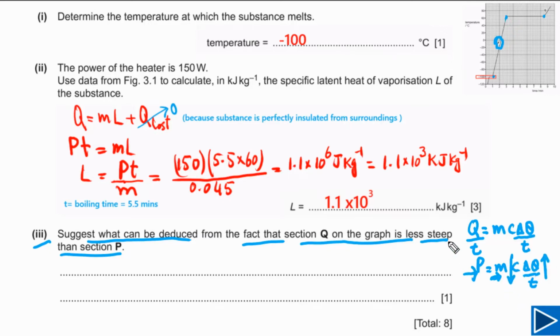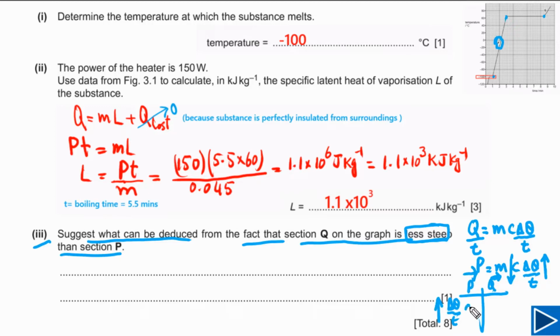But for this question it is already given that section Q is less steep. So we can write down here: this side we will discuss P and this side we will discuss Q. For section P, delta theta over T is greater because this one is steeper.